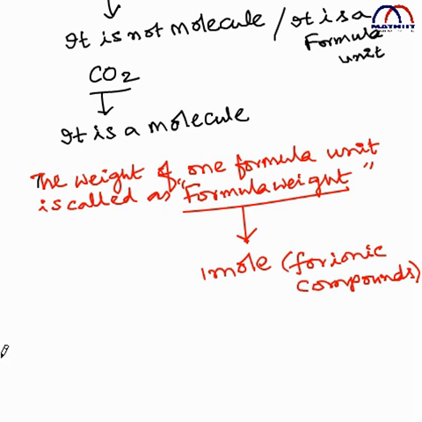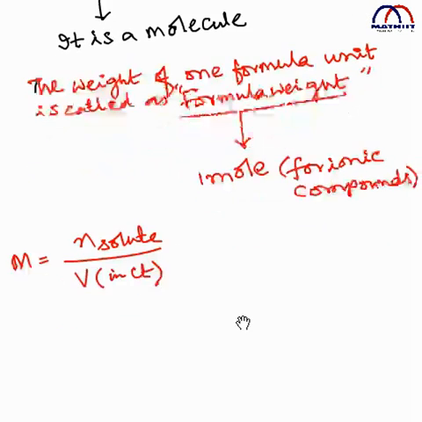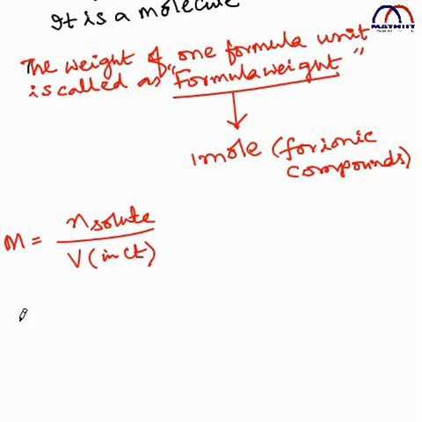What we have discussed about molarity is that it is equal to the number of moles of solute divided by the volume of the solution in liters. Now I am comparing this molarity with the new parameter, formality. Similarly, the formality is equal to the number of formula weights divided by the volume in liters.